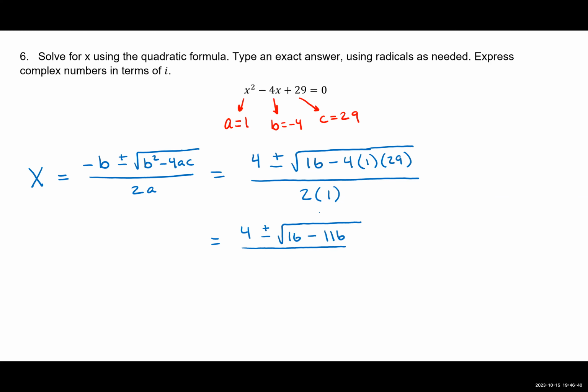And on the bottom, we've got 2 times 1, which is 2. So under the square root, we've got a negative number. 16 minus 116 is negative 100. So we've got 4 plus or minus the square root of negative 100, all divided by 2.